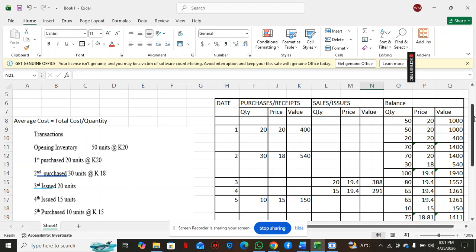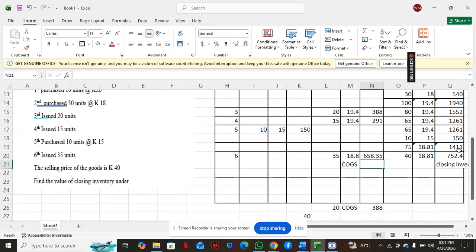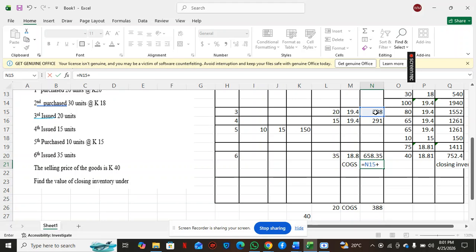So we get the total cost of the goods sold, 388 plus 291 plus 658. The total cost of the goods sold is 1,337.4. That's the cost of goods sold.